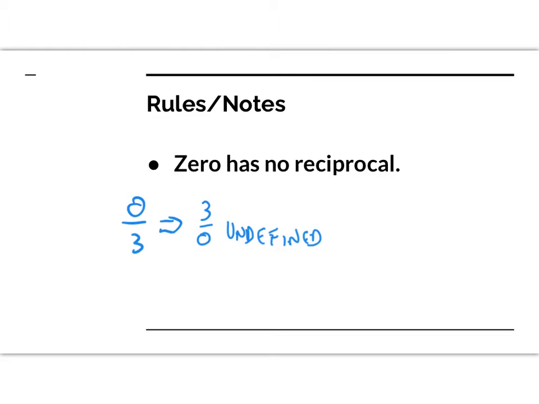Mathematicians have not agreed what to do when you divide by 0. So you cannot divide by 0 unless you get a degree in math and you work it out and solve the problem and you can prove it and it holds up. Then maybe you can give all math teachers across the world an answer for what happens when you divide by 0. But up until now, it hasn't been discovered.